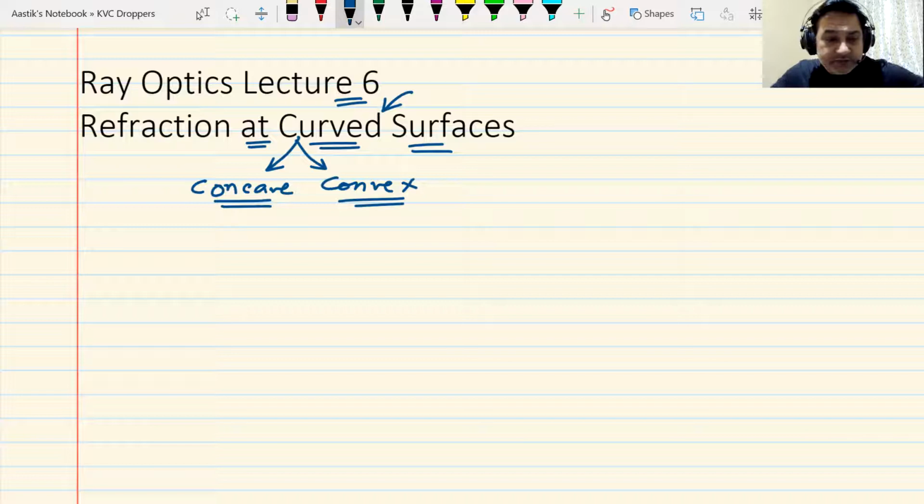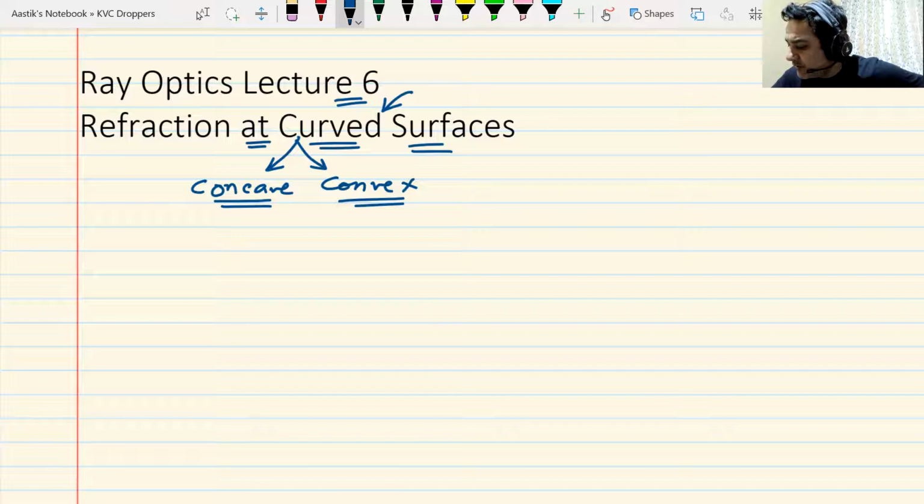So, without wasting any time, let us start with refraction at curved surfaces with a diagram.